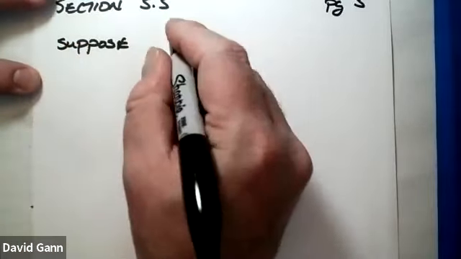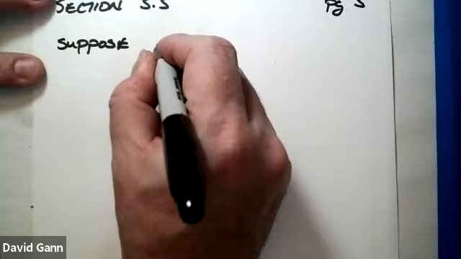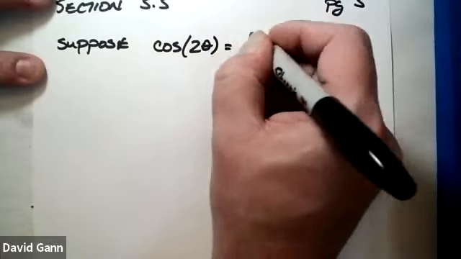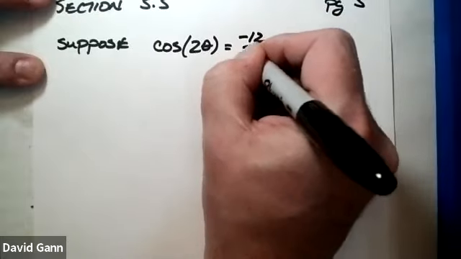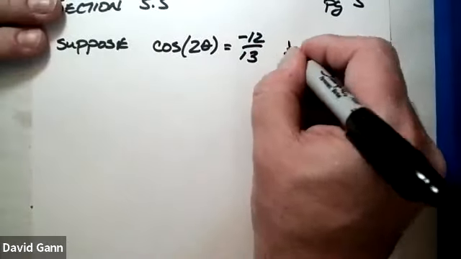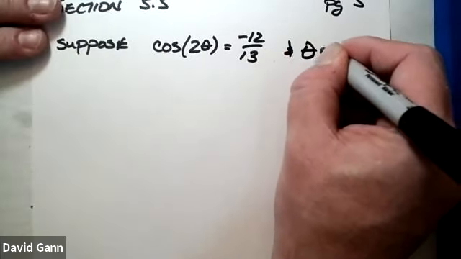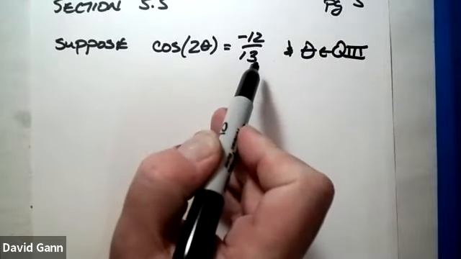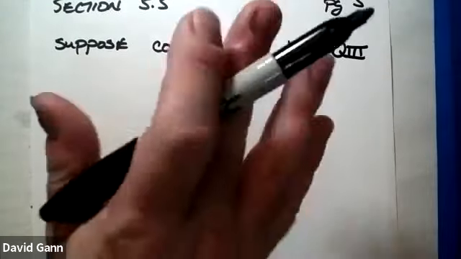Suppose that cosine of 2 theta is equal to negative 12 over 13, and theta is in quadrant 3. Now, we could also have things where we talk about 2 theta in quadrant whatever.